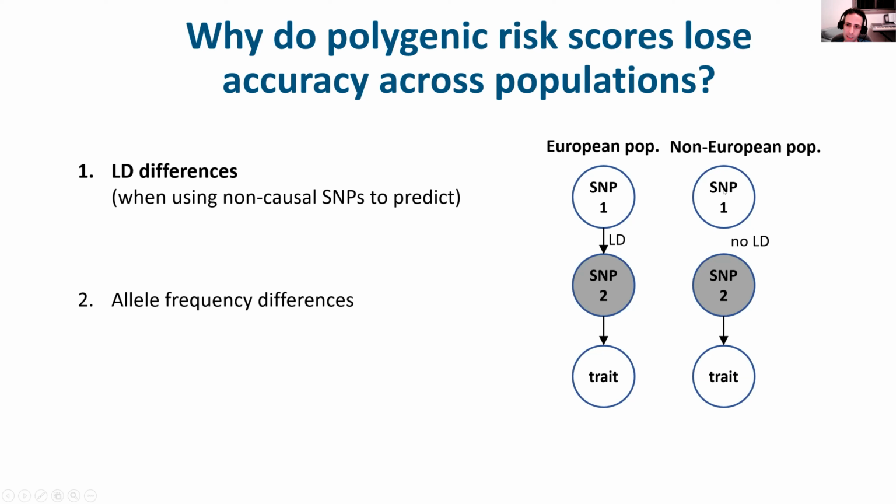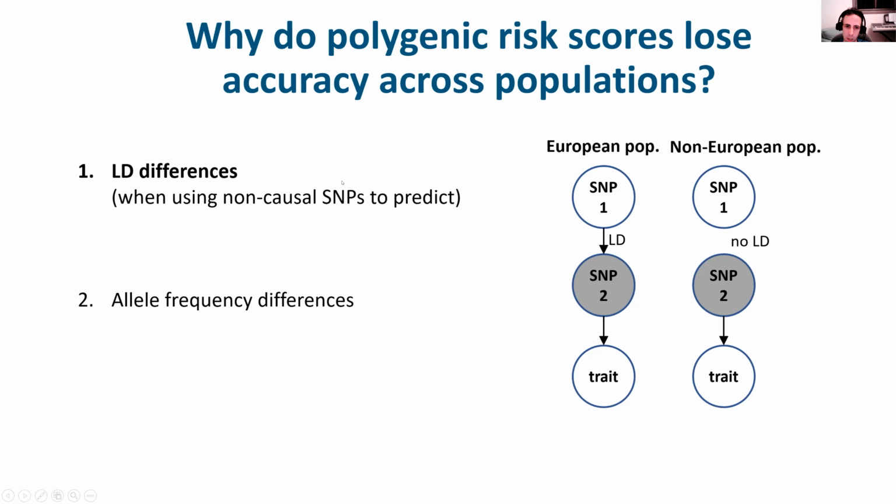Because it's not in LD with the actual SNP that we actually care about. So this is the first and I think the most major problem when we tried to apply these PRS models to different populations.